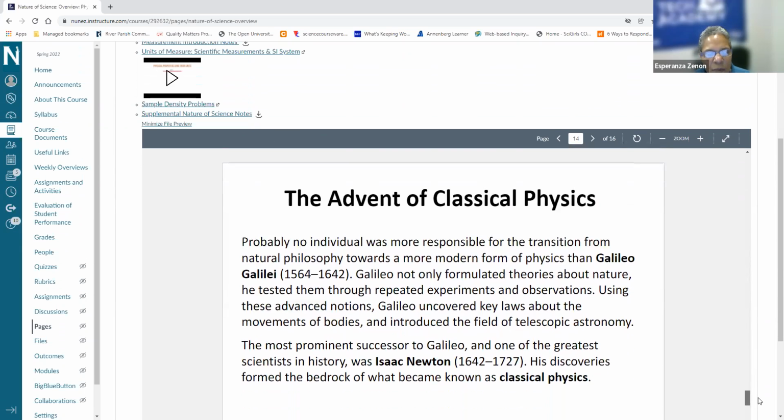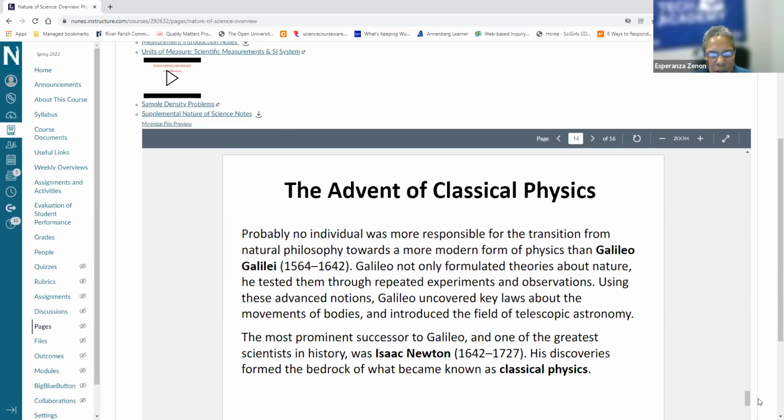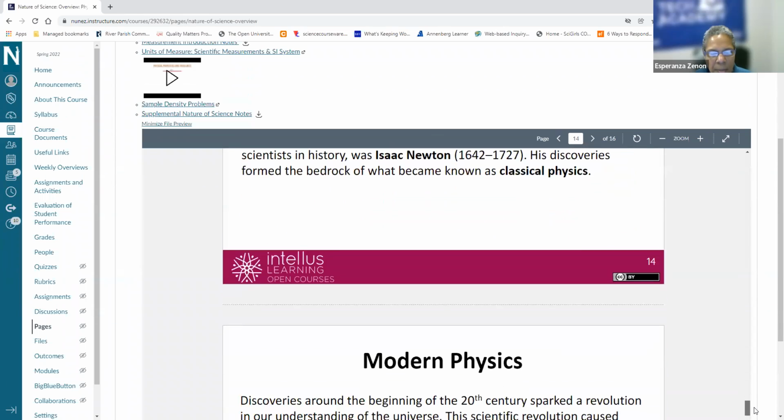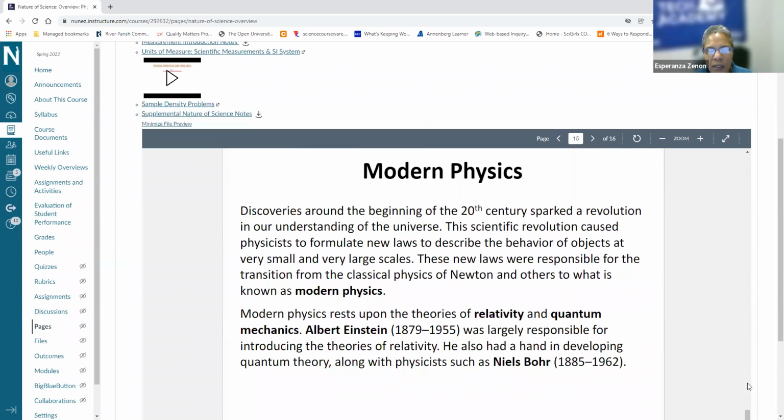And then you move on to classical physics, where we have this embedded way of starting to question our environment. Galileo and Isaac Newton, one of the most important people that we're going to deal with in this course, are key during that era. And then modern physics, where we get into things like relativity, and people like Albert Einstein, Bohr, and Planck become critical. Okay. All right.